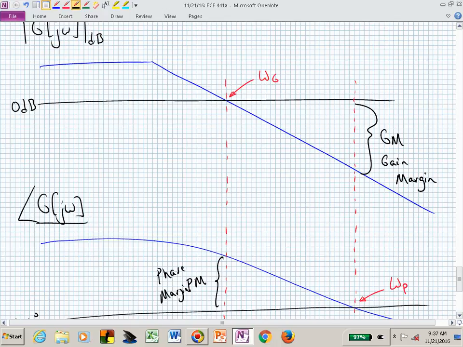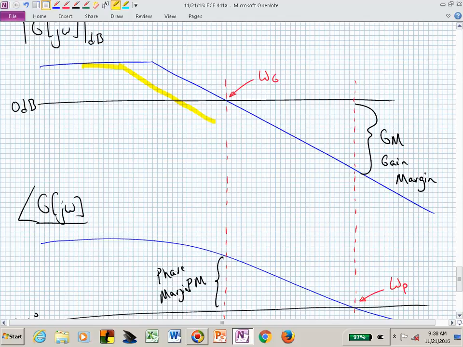So can we make PM bigger? We could if we did what? If we made the gain curve do something like that. How can we make the gain curve do that? What happens at that kink?